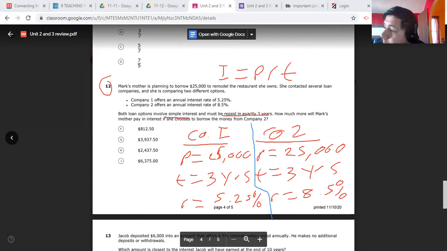Anyone? So we're going to end up paying more at company 2 because the interest rate is higher.